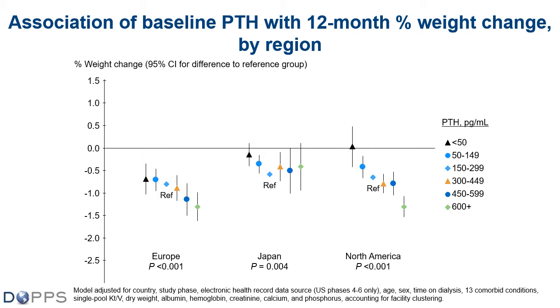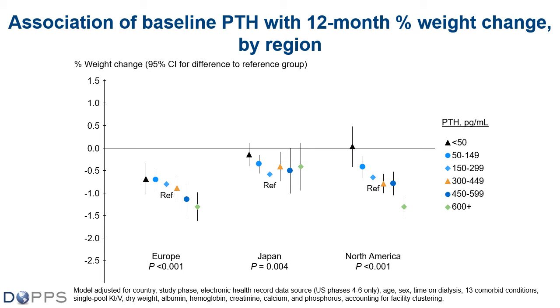As the association between PTH and percent weight change may differ geographically, we performed a stratified analysis by region. The association between PTH and percent weight change was most dramatic in North America. By contrast, the association was less pronounced in Japan, where there was almost no association among patients with PTH levels higher than 300.